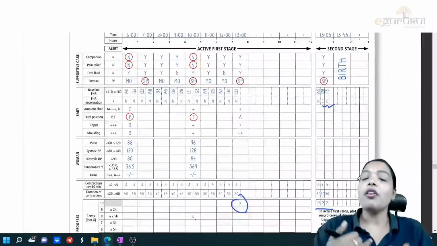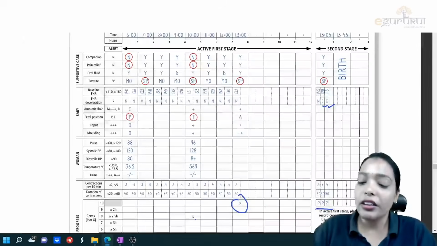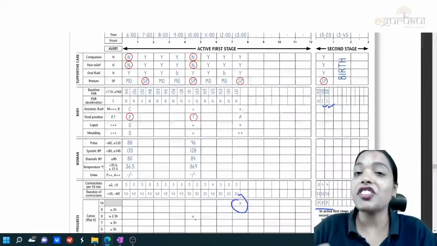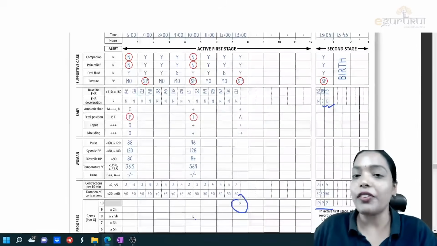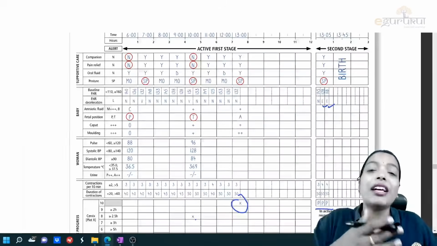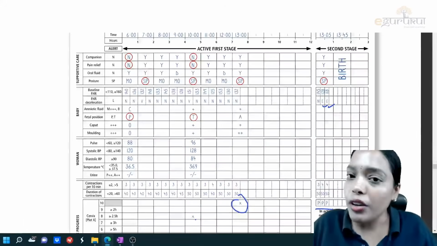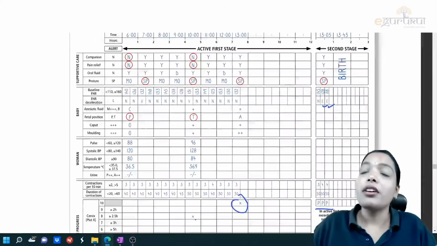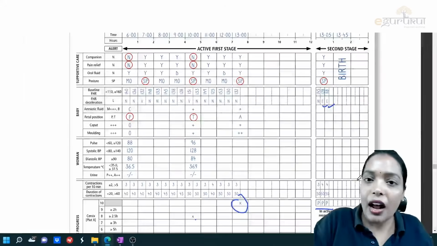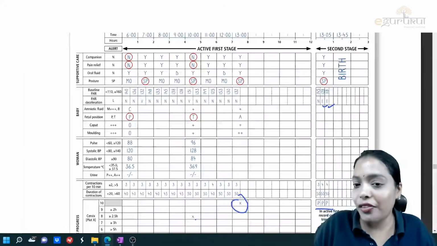So now according to WHO, active first stage of labor begins at more than 5 centimeters of dilatation. Update number 2, labor progress can go less than 1 centimeter per hour dilatation. That is still fine.